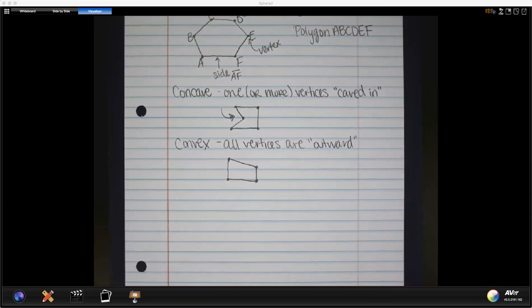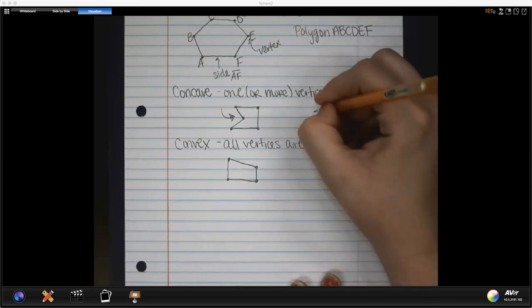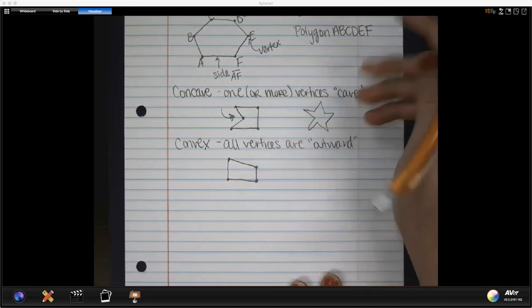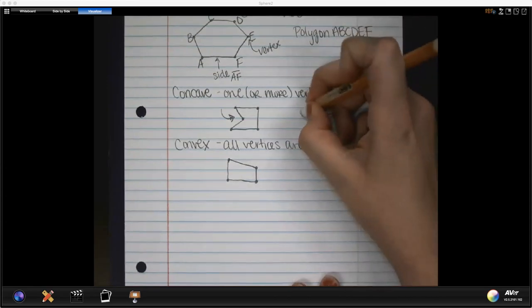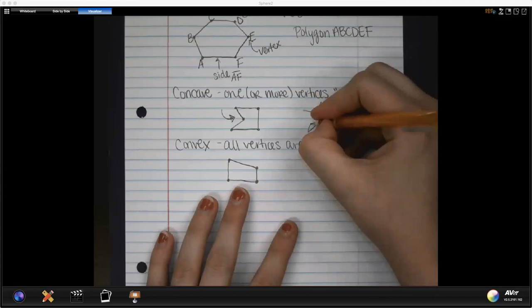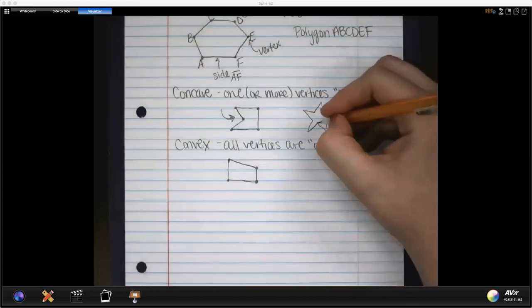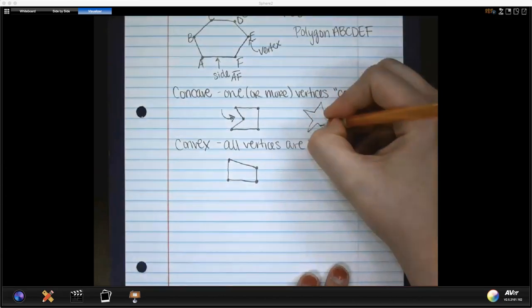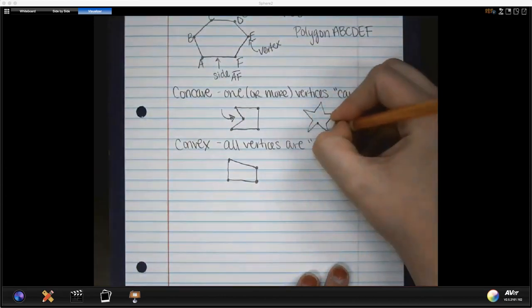Okay. Can anyone think of a concave shape that you've probably drawn tons of times? A star. Yeah. A star is the most common version of a concave shape. Nope, that star got a little crazy there. Let's try that again. There. Okay, as you can tell, some of them go inward, some go outward.